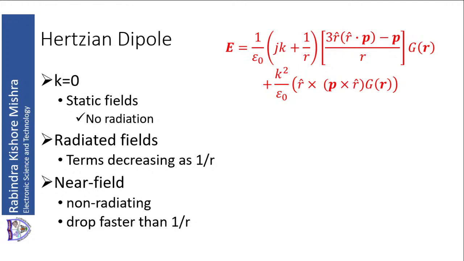Now, if you have such a dipole, which is called a Hertzian dipole, how do you realize this practically? This is actually an ideal dipole, but practically we try to realize something which is very close to this, although it is not exactly the same.